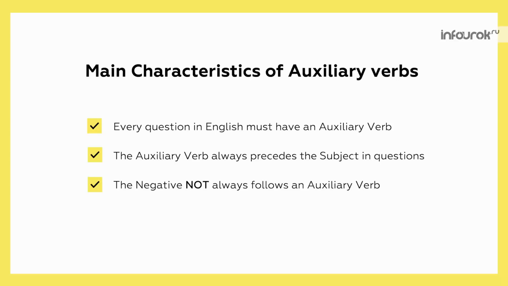The auxiliary verb always precedes the subject in a question. So when we make questions, the auxiliary verb always occupies the position in front of the subject. Finally, the negative not always follows an auxiliary in negative sentences in English. These 3 rules are the golden rules of auxiliaries and auxiliary use in English.